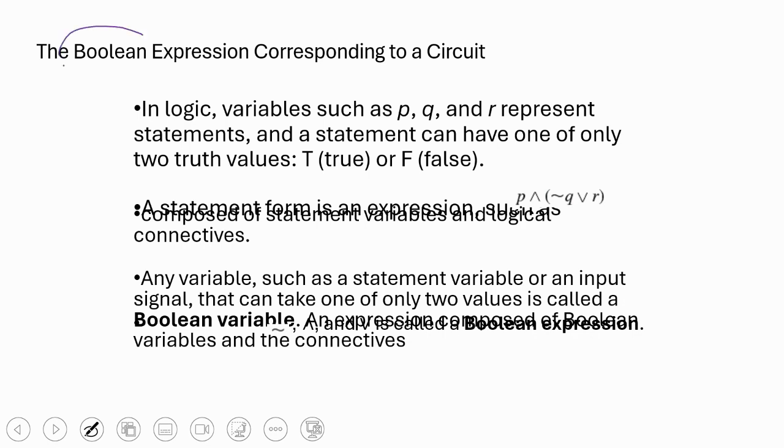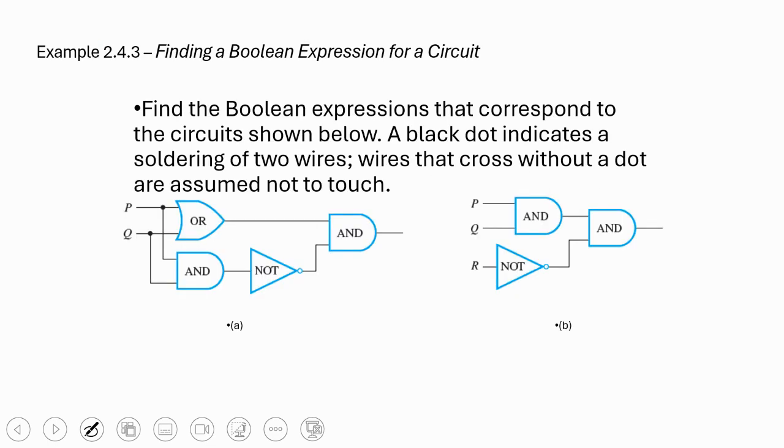And so when you see this word Boolean, it is talking about those types of things where a circuit could have a 0 or a 1, a true or a false. And we know that that is the basis for computer information.